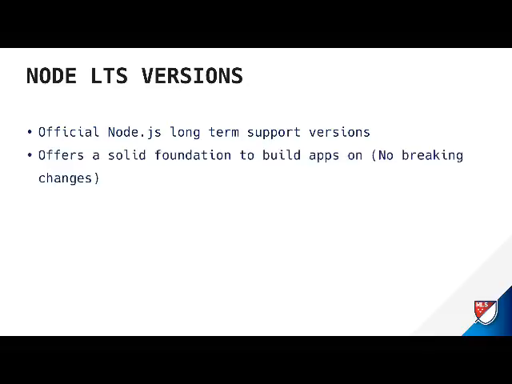While in this maintenance mode, there will only be certain changes made. We'll talk more about that in a second. But the reason that they're great is they offer a solid foundation to build apps on. You know exactly how long you have before the next version of the long-term support Node is coming. And we'll talk also more about that.